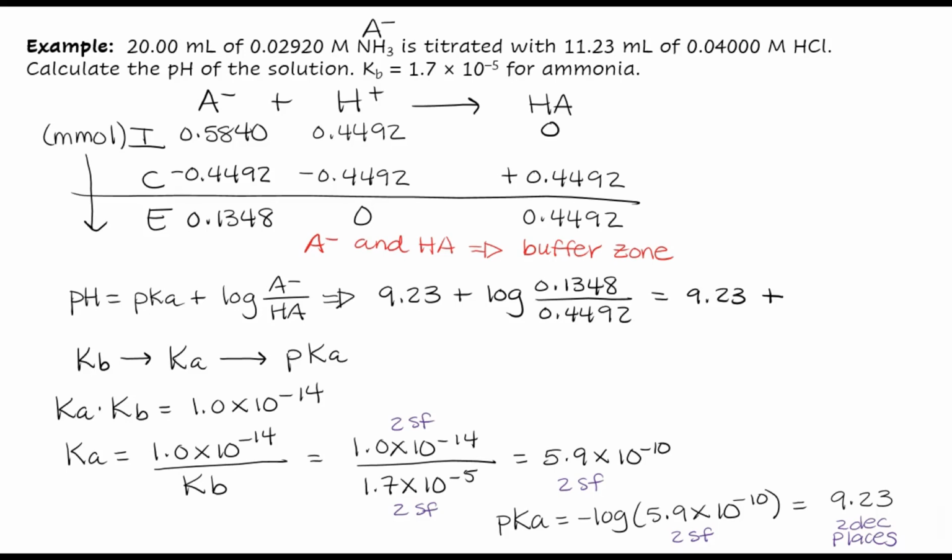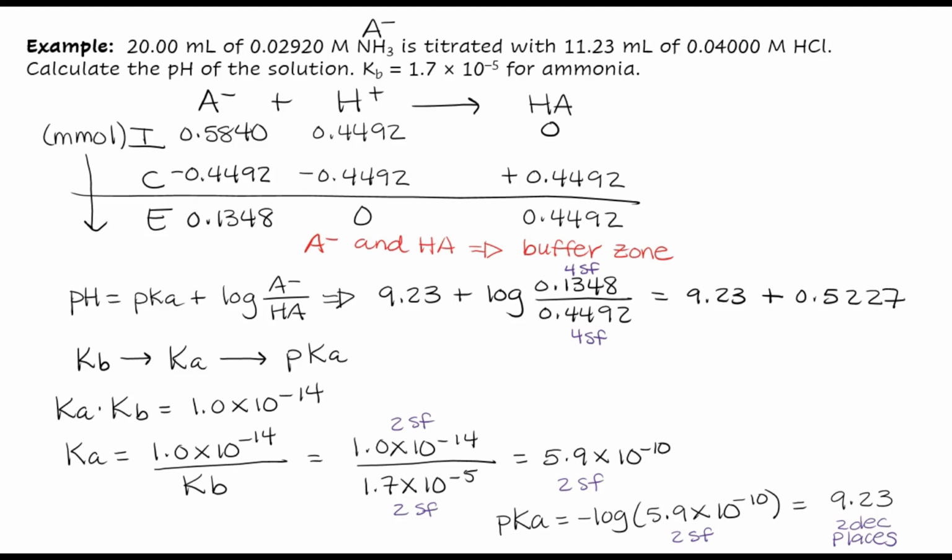So for the log term, we have 4 sig figs in the numerator and in the denominator, which means after we do that math, we'll round that to 4 decimal places. 0.1348 divided by 0.4492, and taking the log of that to 4 decimal places gives us 0.5227.